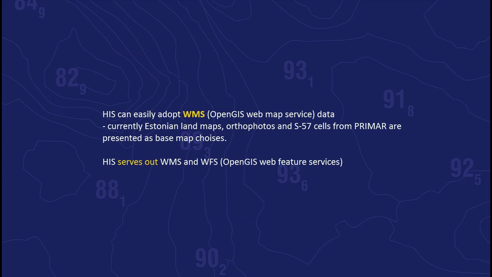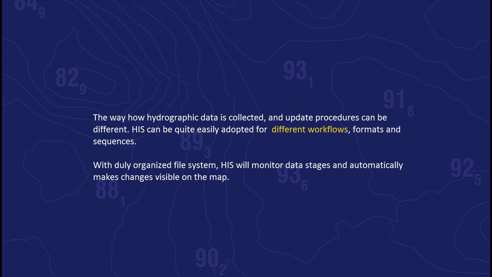HIS uses standard web map service data and serves web map and feature services out. The way how hydrographic data is collected and update procedures can be different. HIS is able to adopt different formats and sequences. With duly organized file system, HIS will monitor data stages and makes them visible on the map.